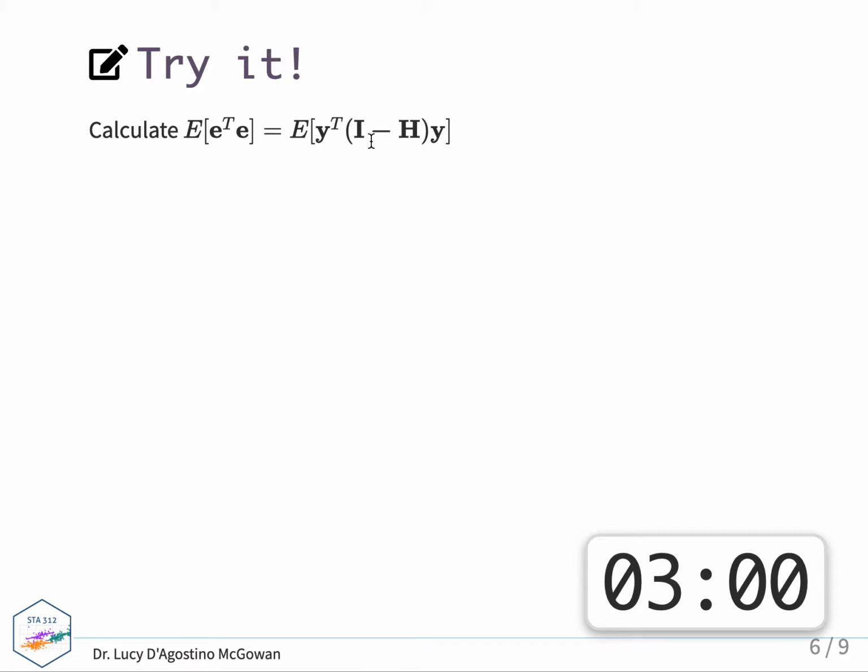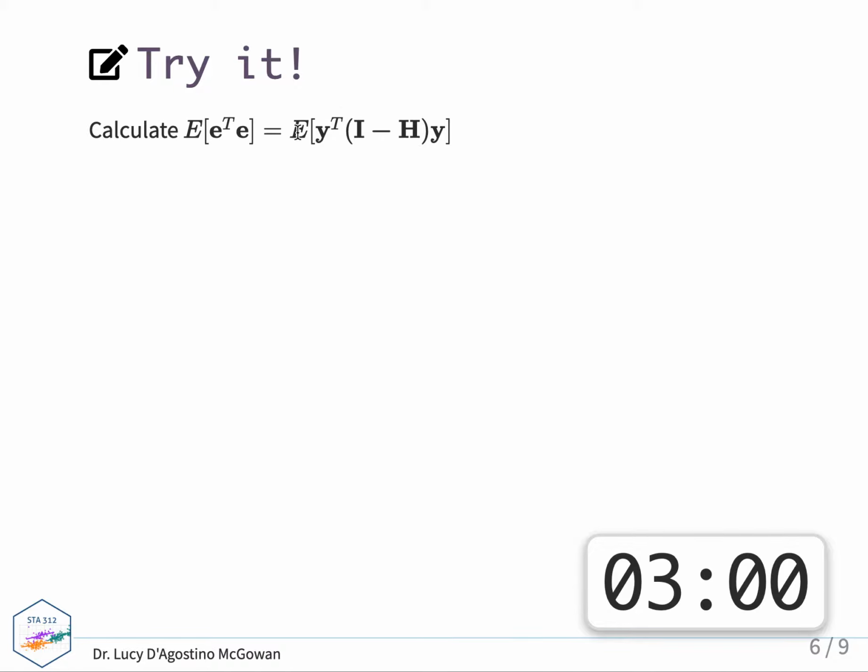Notice I'm asking you to take the expectation of the residual sum of squares, and we've set this equal to the expectation of Y transpose, the identity matrix minus the hat matrix, times Y, because before we showed that the residual sum of squares is equal to this.